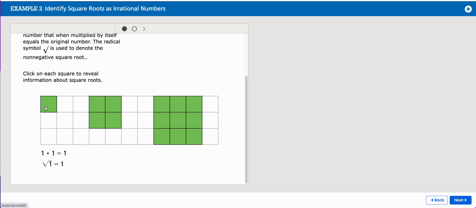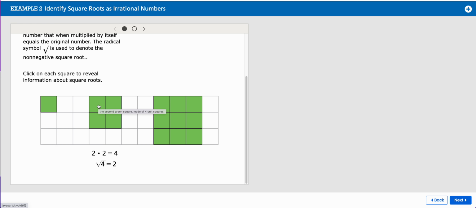So if we click on this one here, this shows us that 1 times 1 equals 1. And that shows us then that when we do that backwards, the square root of 1 is 1. So that's the numbers that are multiplied by themselves to get that square number. So this square number is 4, and we get that by doing 2 times 2. 2 times 2 is 4.